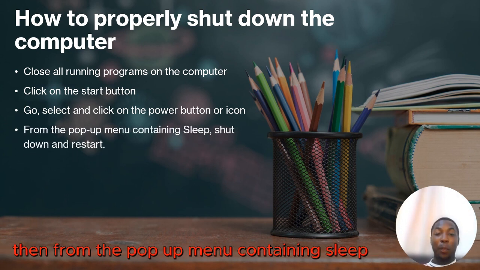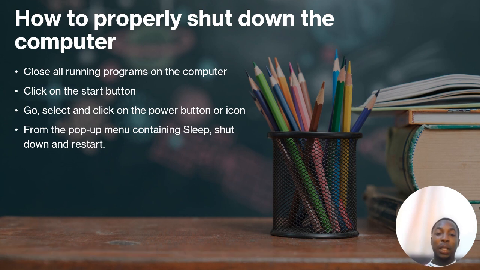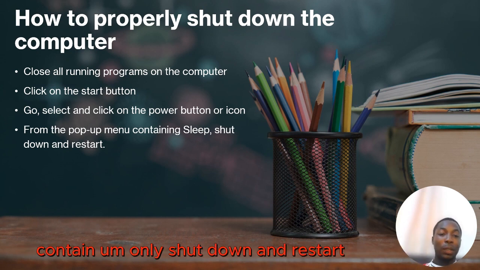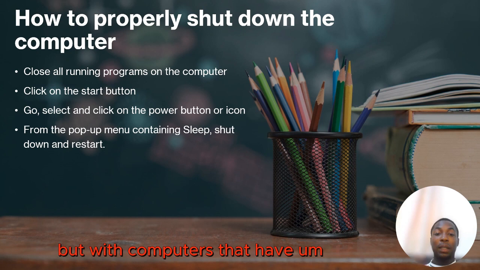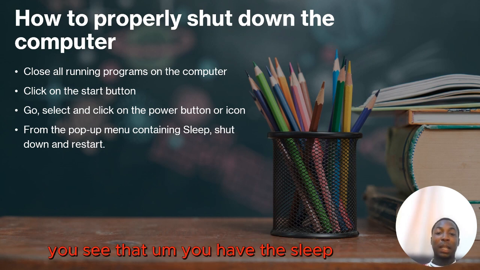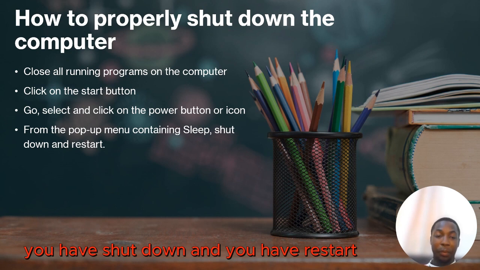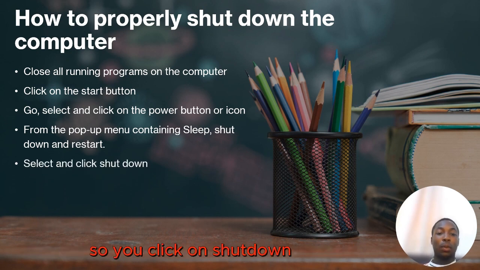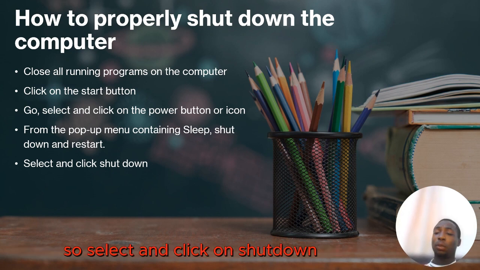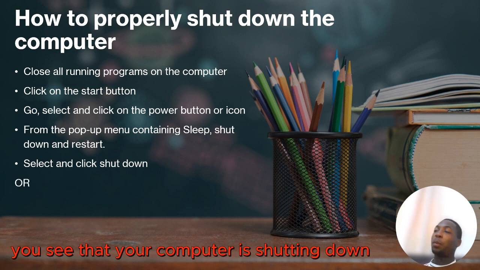From the pop-up menu containing sleep, shut down and restart, some computers only contain shut down and restart, but computers that have the complete drivers installed have sleep, shut down, and restart. You click on shut down because we are shutting down the computer. If you do that, you see that the computer is shutting down.